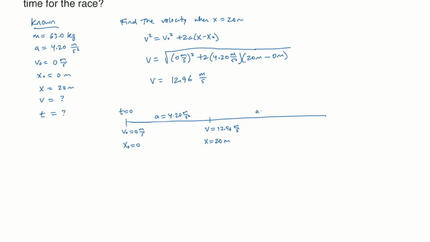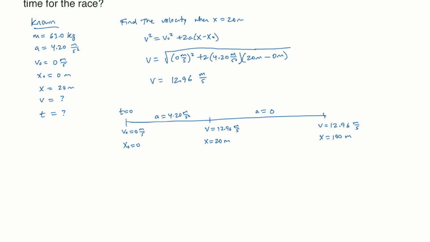Then he has no acceleration. He maintains the 12.96 until the end of the race, so at the end of the race, v is still 12.96 meters per second. It's a 100-meter dash, so his final position is 100 meters.